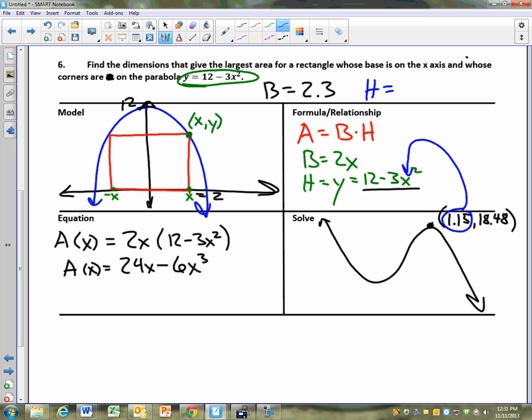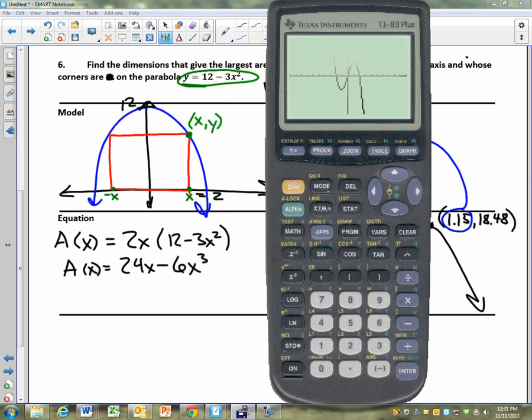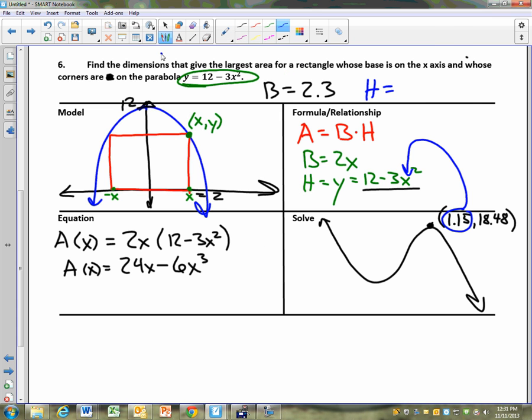Anybody do it? 12 minus 3 times 1.15 squared, and I get 8.03. So this is interesting because neither 2.3 nor 8.03 actually comes up in your answer, but we find them by using that 1.15.